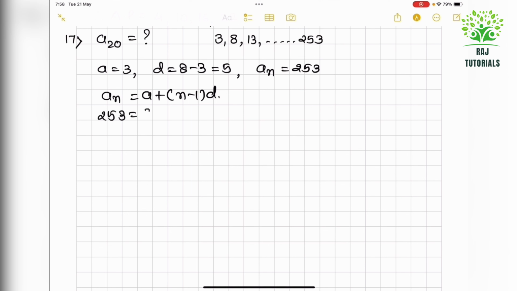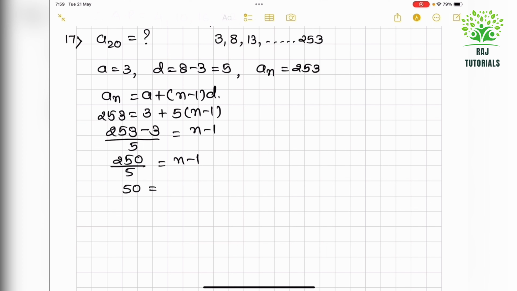So 253 equal to 3 plus 5 into N minus 1. So N value will be 253 minus 3 divided by 5. That will be total number of terms here. So 250 upon 5 equal to N minus 1. So 50 will be equal to N minus 1. So N equal to 51 term.